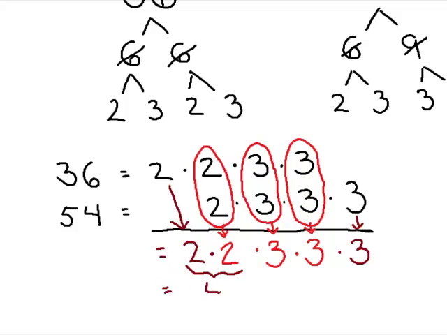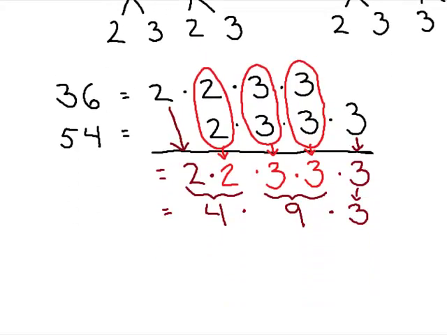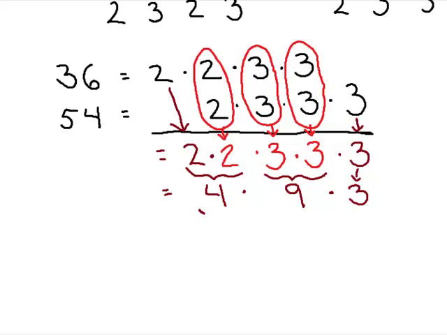2 times 2 is 4. 3 times 3 is 9. And then I got a 3 here. If I multiply 4 times 9, I'm going to get 36. And if I multiply 36 times 3, I'm going to get 108.